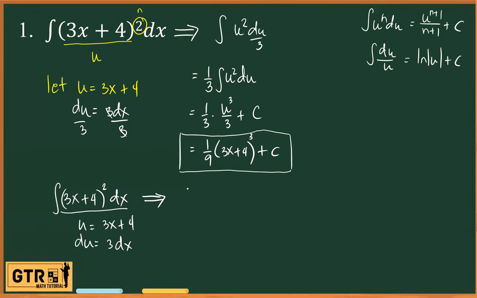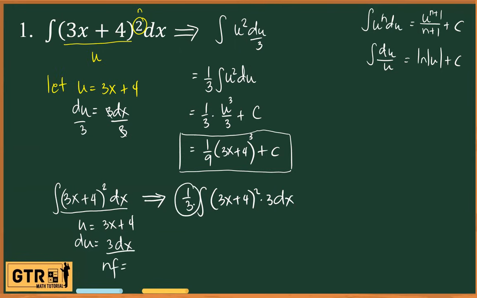Okay, so this is the same as 1/3 integral of (3x plus 4) squared, and then we have times 3 dx. So 1/3 times 3 is the same as 1. We put 3 dx, and the 1/3 goes outside the integral symbol because our du is 3 dx. This 1/3 is called the neutralizing factor.